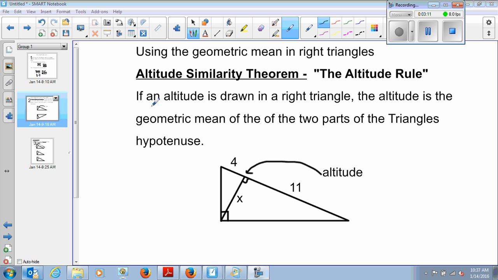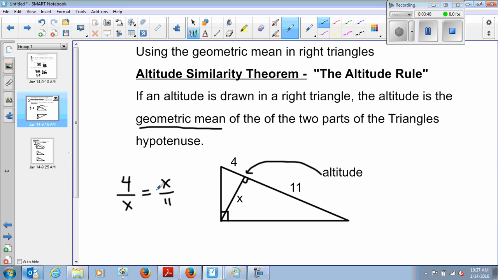So let's read this. The altitude is the geometric mean of the two parts of the triangle's hypotenuse. So this is a part, that's a part. So x, the altitude, is the geometric mean of 4 and 11. So let's find the geometric mean of 4 and 11. Well, I do 4 over x. Remember, I want an x there, and I want to multiply the x's, so I put x over 11.